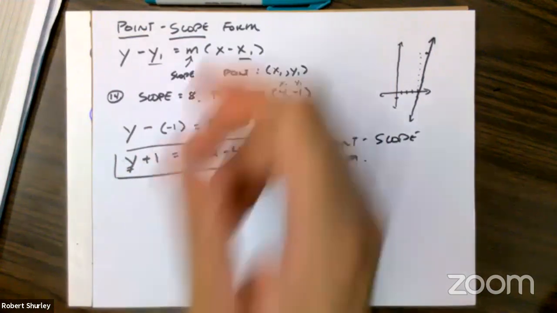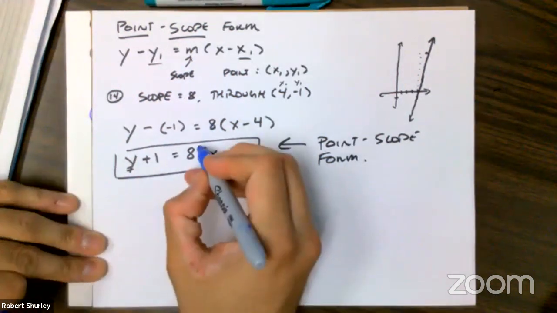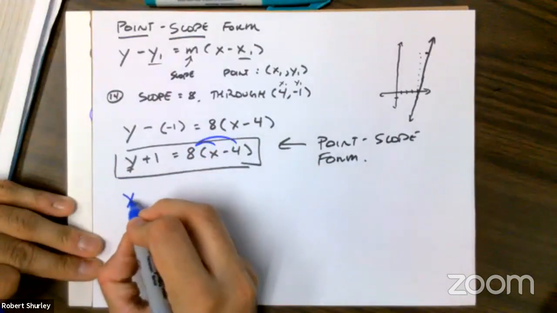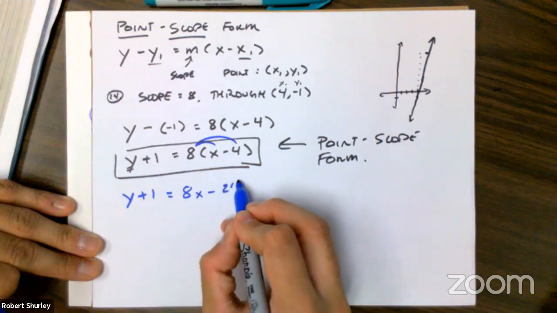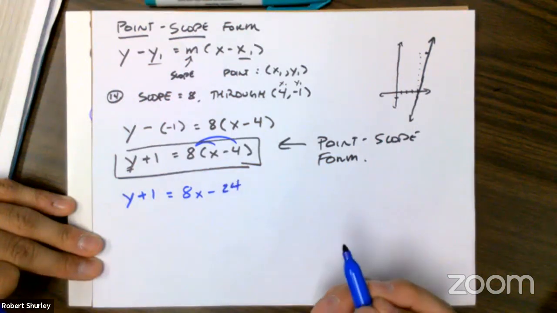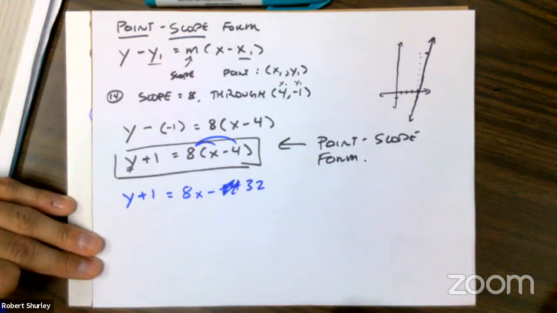So I'm going to switch colors here just to show you it's the next part of this question. The next part says for each line, put in point slope form and then slope intercept. So now I'm going to distribute the 8, and I get y plus 1 equals 8x minus 24. Wait, 8 times 4 is not 24. 8 times 4 is 32, right?